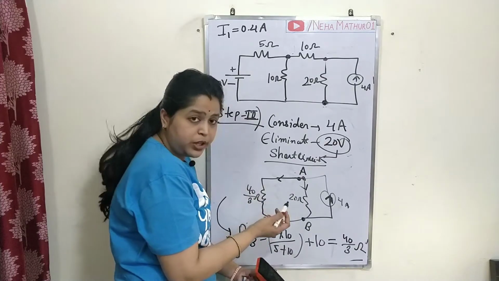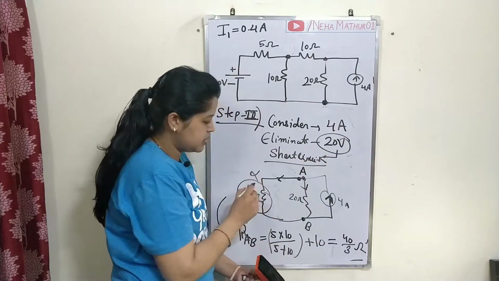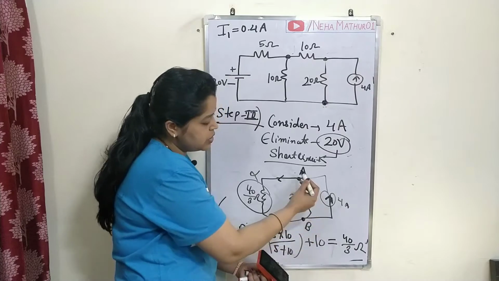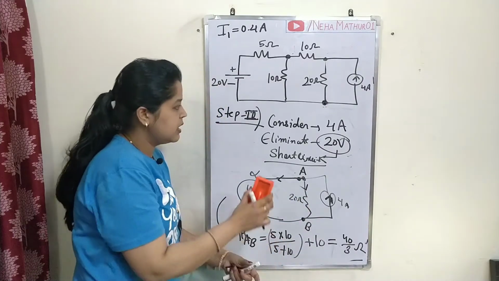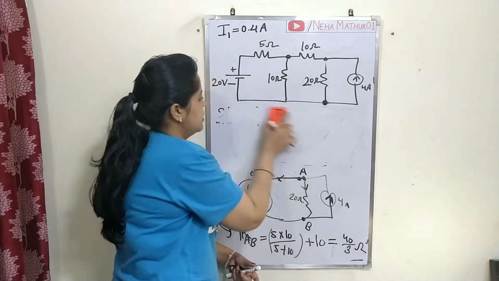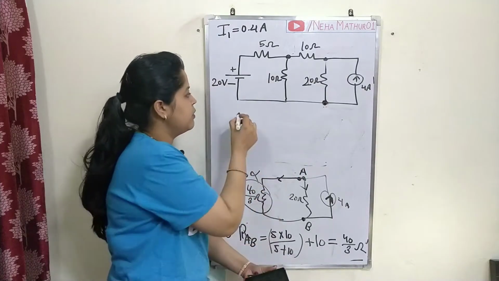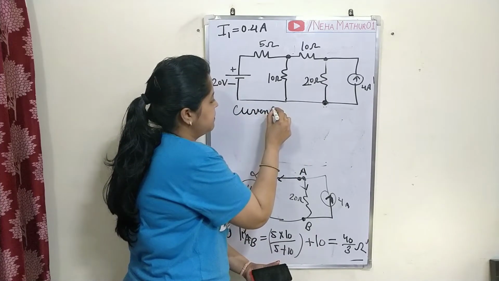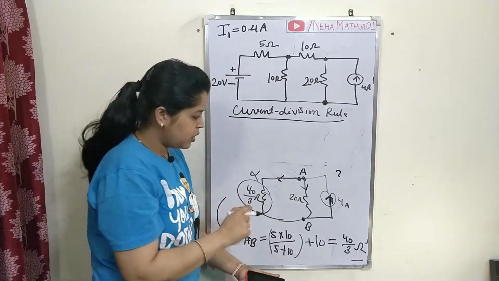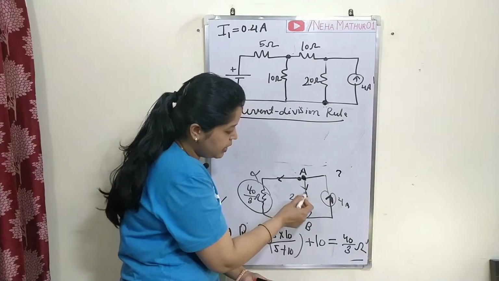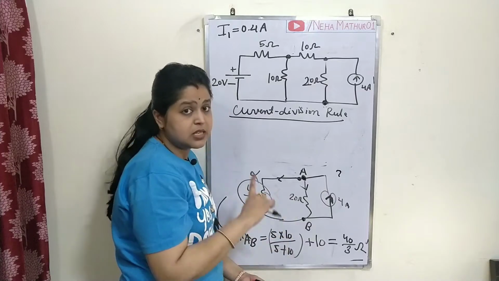So we will not need to calculate the current across this resistance, because our task is the calculation across this. So now I am applying the current division rule. Why am I applying current division? Because the current is going to be divided into 2 branches, because these 2 resistors are in parallel.